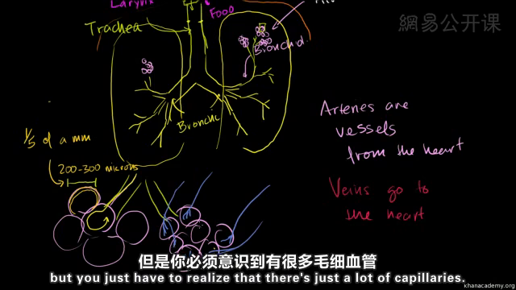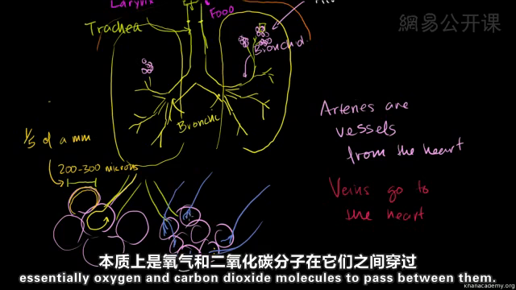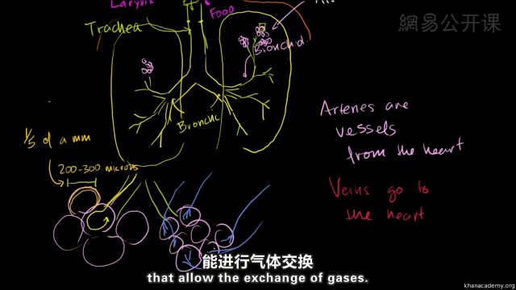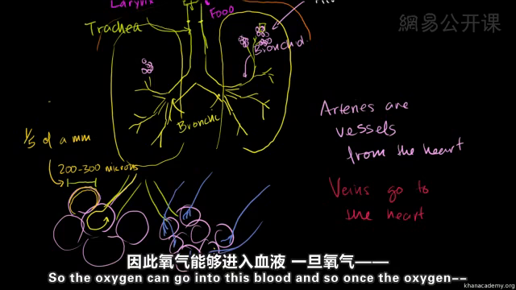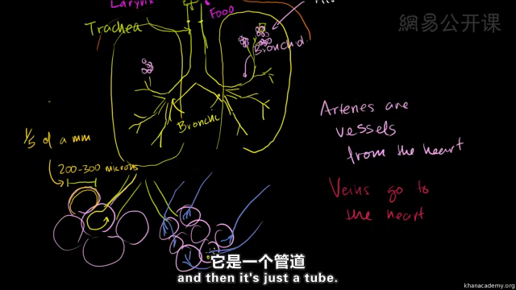But you just have to realize that there are a lot of capillaries. Capillaries are super small blood vessels that allow oxygen and carbon dioxide molecules to pass between them. These have a lot of capillaries on them that allow the exchange of gases. So the oxygen can go into this blood. This is the vessel that's coming from the heart, and then it's just a tube.